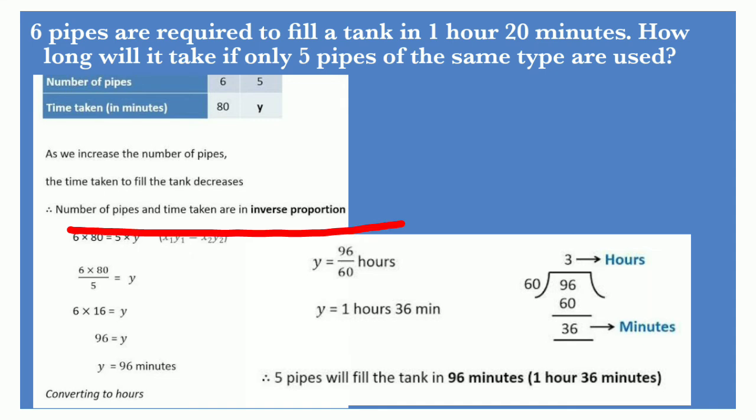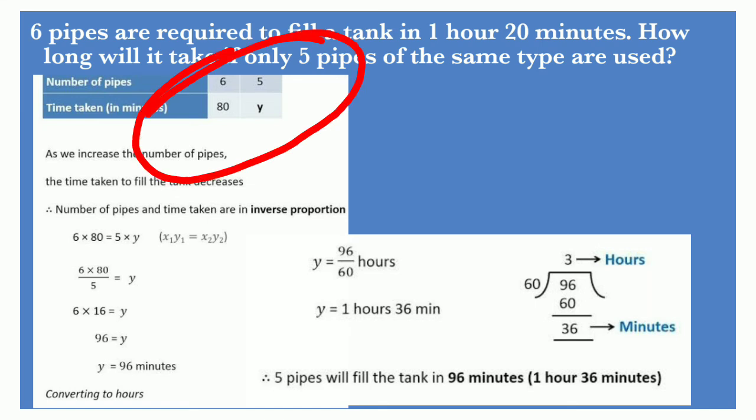So what are the given measurements? Number of pipes 6 and time taken to fill the tank is 80 minutes. That is 1 hour 20 minutes means 80 minutes. Then number of pipes is reduced to 5. Then what is the time taken to fill the tank? So what is the condition? X is multiplied by y, you will get small letter k. So what is x? 6. What is y? 80.